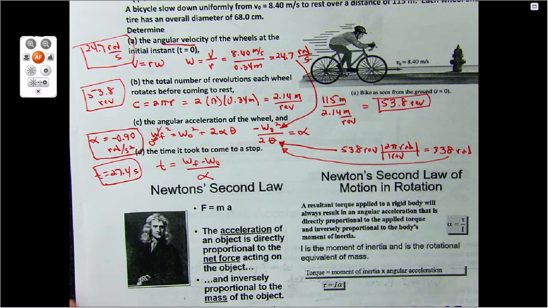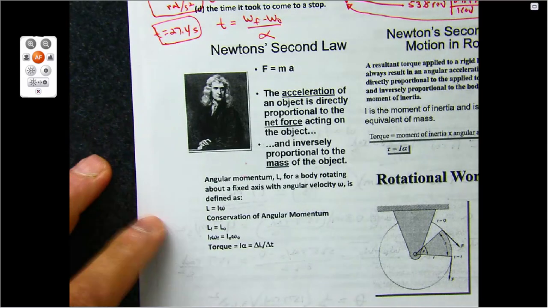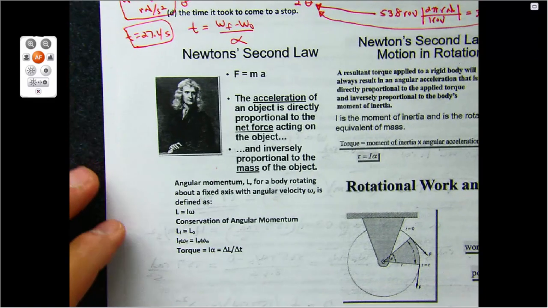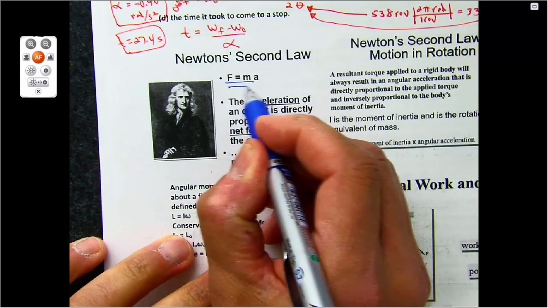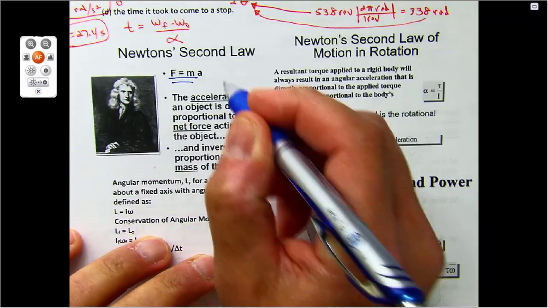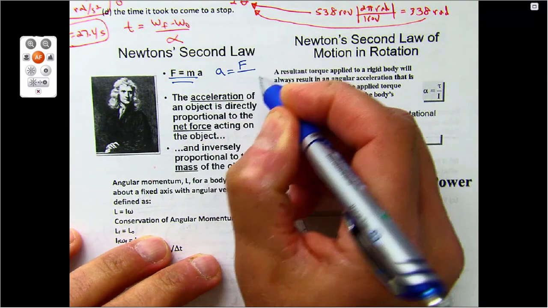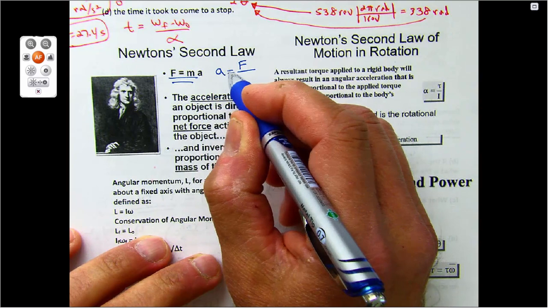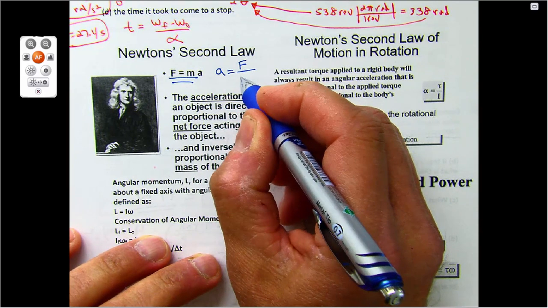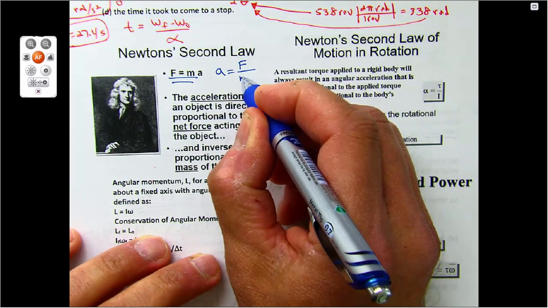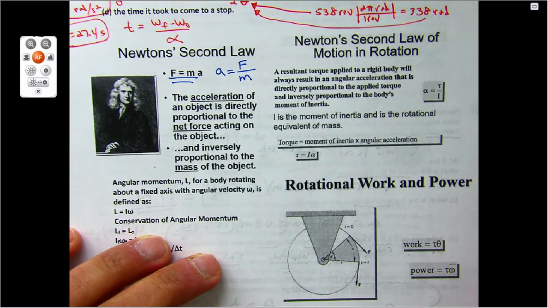Okay, now, we are on torque. Previously, we did Newton's second law, F equals ma. But it always gets described like this. The acceleration is always directly proportional to the force and inversely proportional to the mass, right?